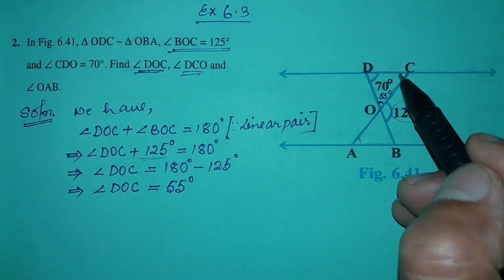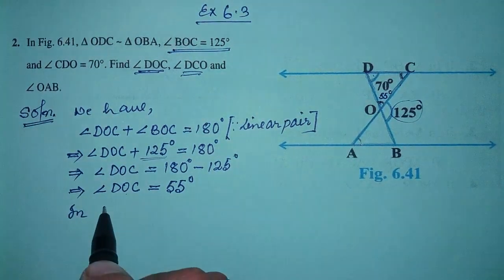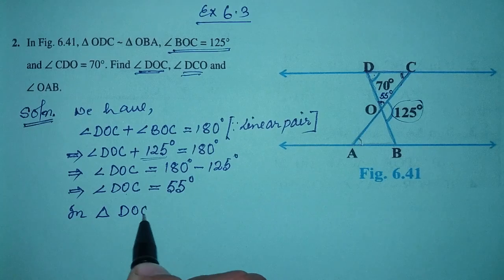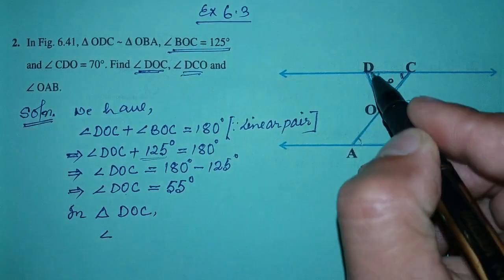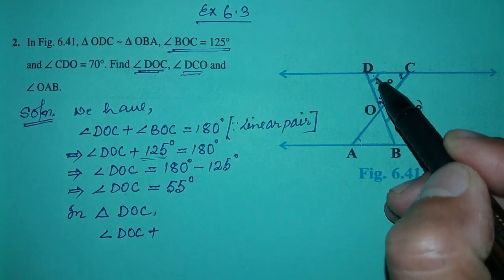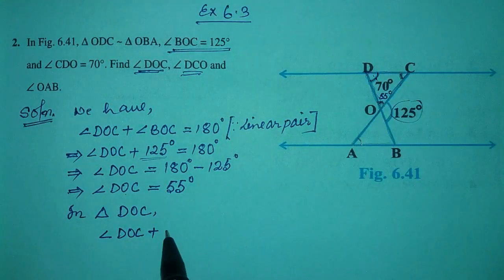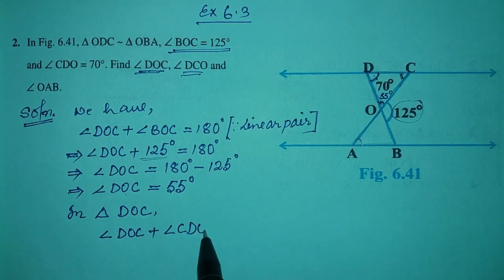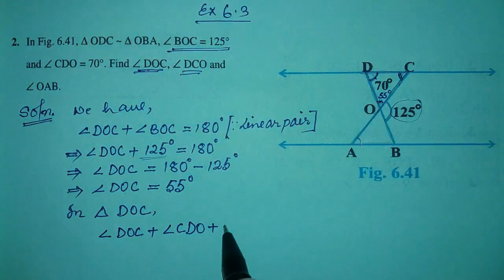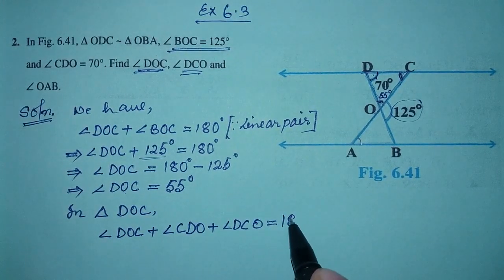If you add these three angles, you will get 180 degrees. So let's write in triangle DOC: angle DOC plus angle CDO, this angle, plus angle DCO, this angle, will be equal to 180 degrees.